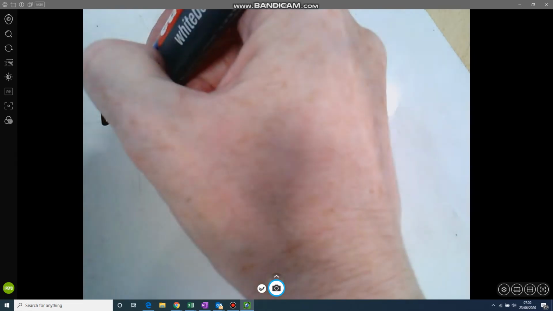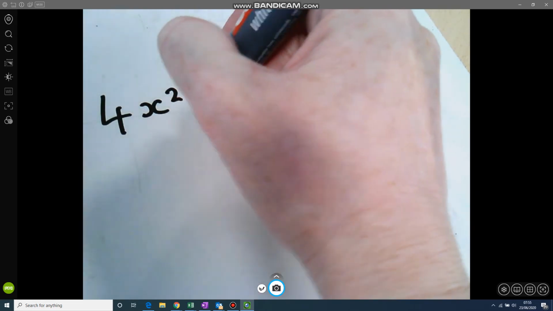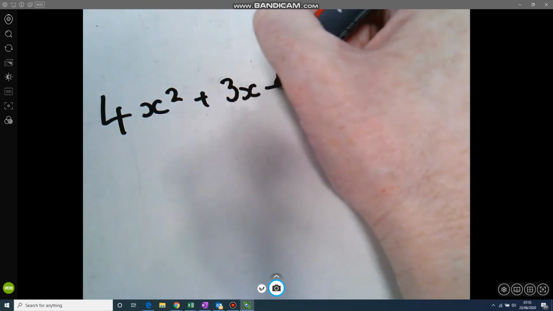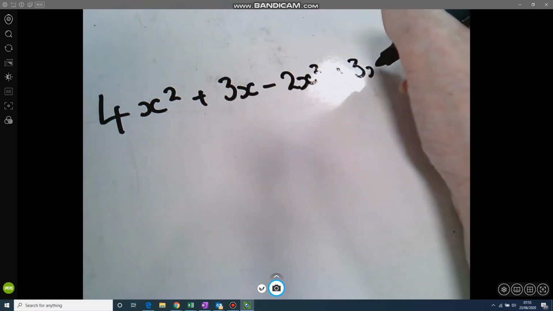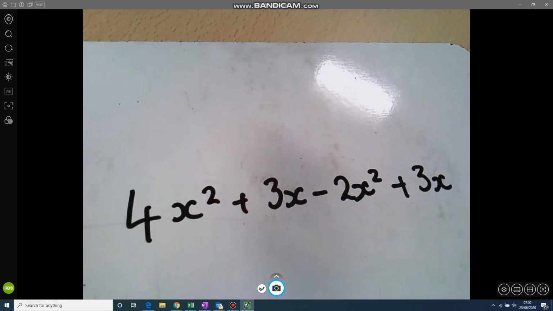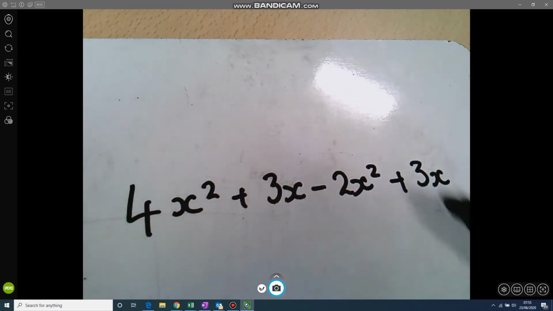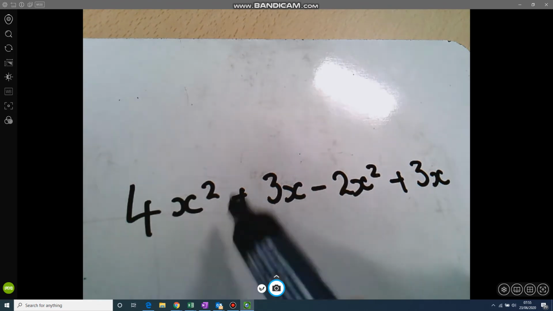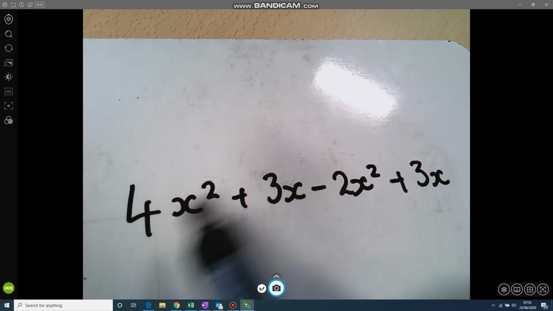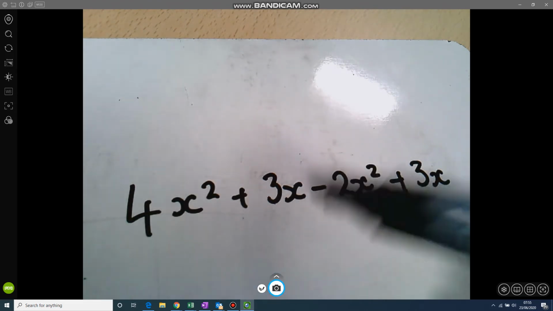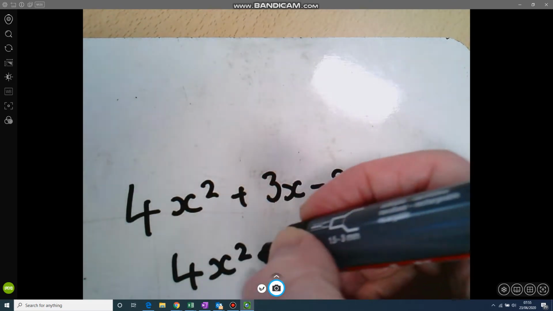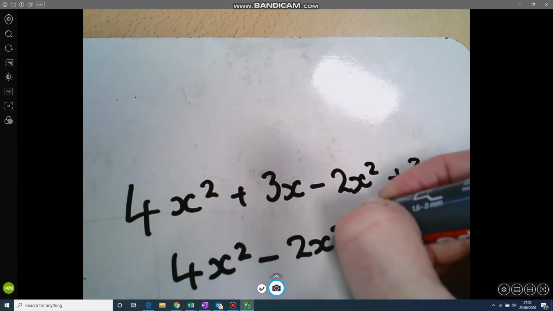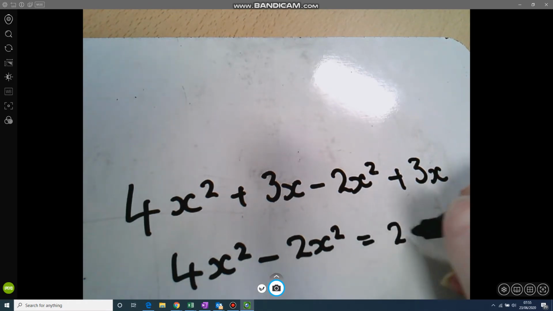Okay, 4x squared. Now, this one might have fooled some of you. We've got 4x squared plus 3x minus 2x squared plus 3x. With this one, all you need to think about is that the x squareds are the similar type. So you can add or take away in this case. You've got 4x squared minus 2x squared, which equals 2x squared.